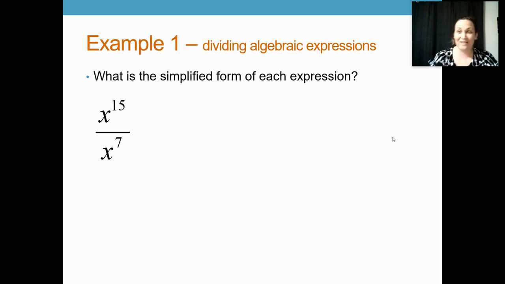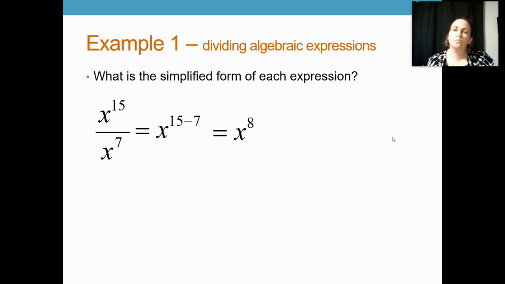We decided, since it's crossing things off, it's canceling, to do subtraction. So in a division problem, I'm going to take my small numbers, my exponents, and I'm going to subtract them. So I'm going to do 15 minus 7, and that will give me a final answer of x to the 8th. Division problems are subtraction problems.